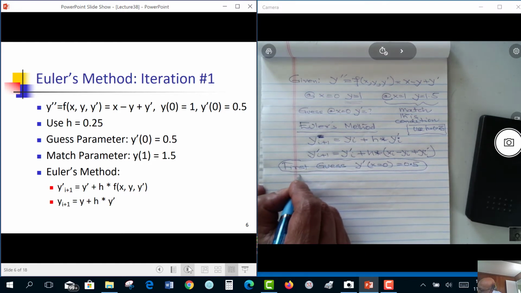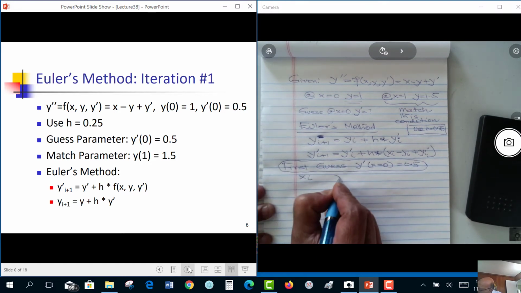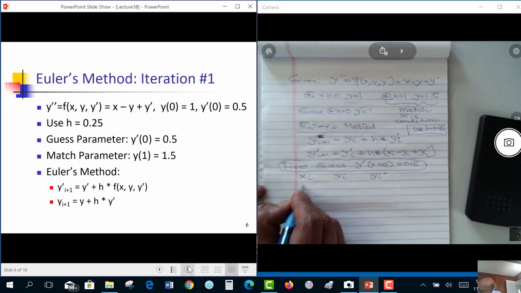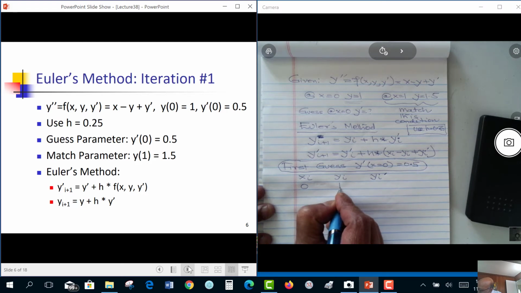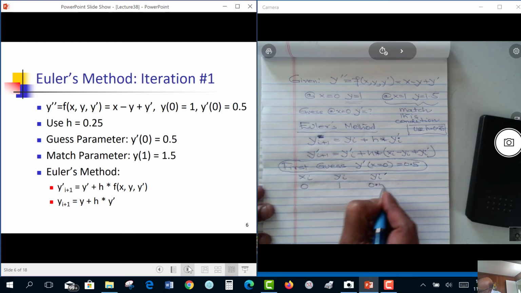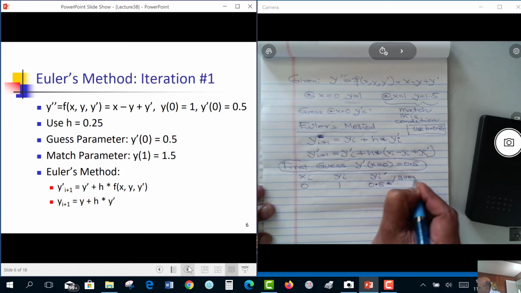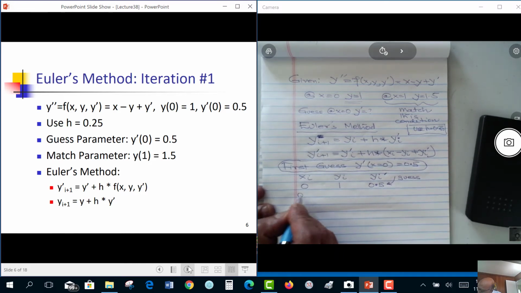At x is equal to 0, y is 1, and the guess is 0.5. Remember, this was not given to us. So we will solve for x equal to 0.25, 0.5, 0.75, and 1.